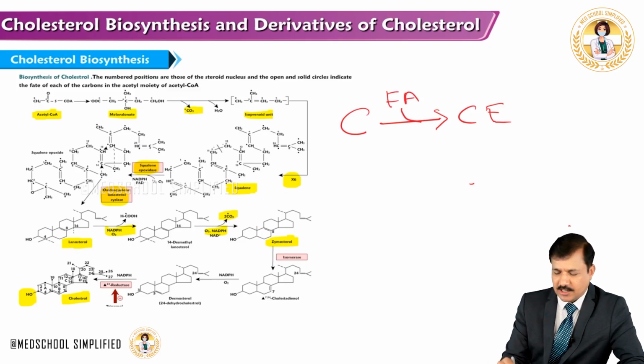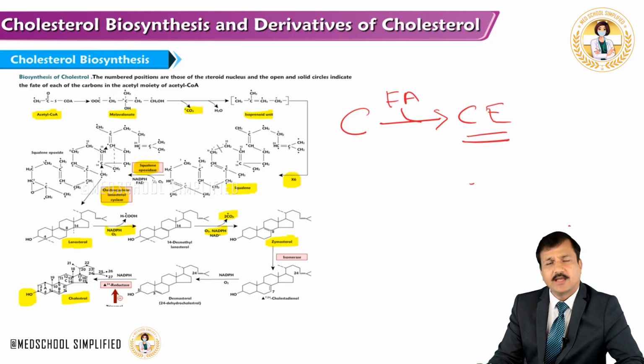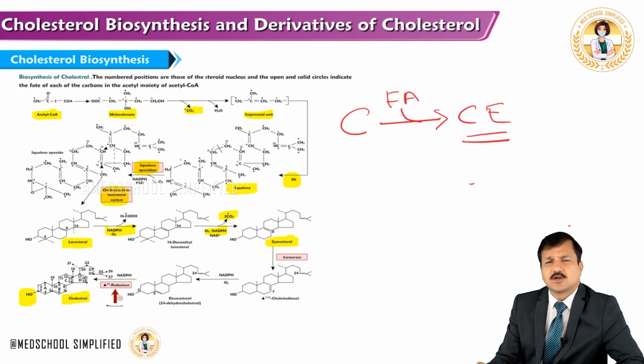And the cholesterol ester is a storage form of cholesterol. This is also how it will be transported out of the liver into the peripheral tissues in the form of VLDL. VLDL will be metabolized into IDL and then into LDL. Ultimately, LDL is the one that carries cholesterol to peripheral tissues.